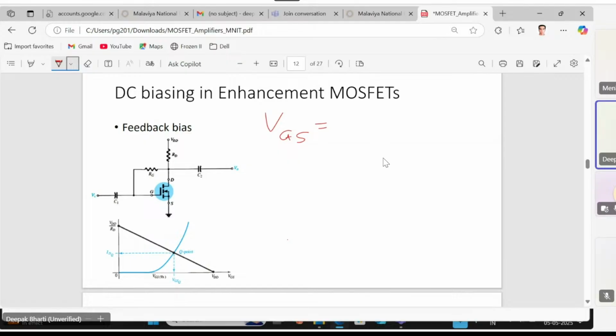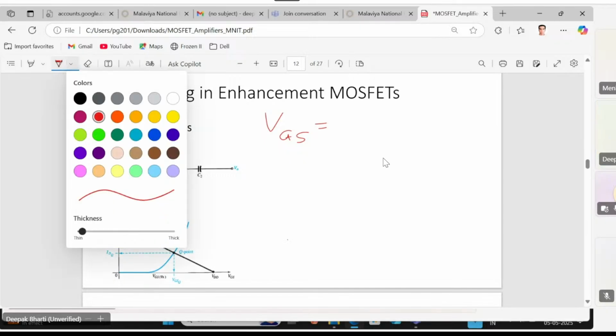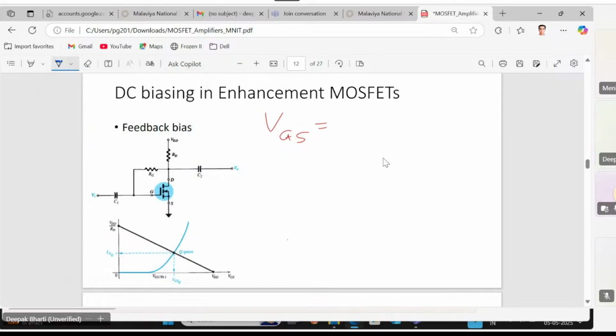no current is flowing, and Vg will be equal to Vd. Why? Because you can see that the potential at this point and at this point will be the same. VGS is equal to Vg, because the source is at ground potential, and Vg and Vd are at the same potential.